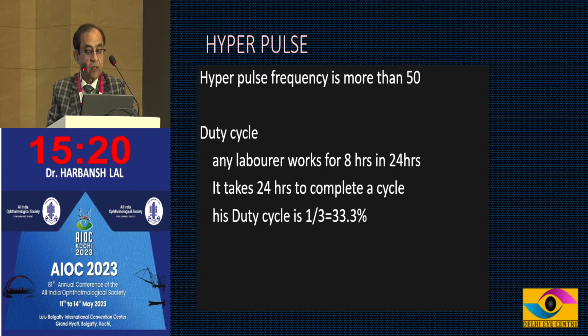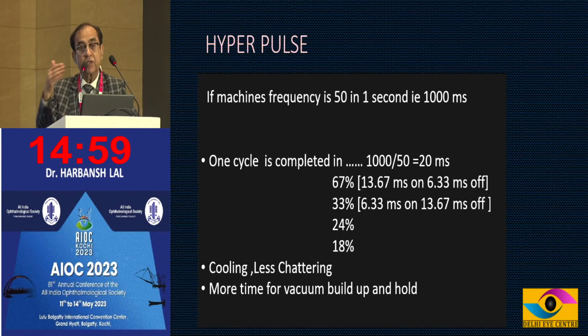And then there is another concept of what you call a duty cycle. Like a person who is working 8 hours a day, in 24 hours, his duty cycle is one third. That means one third of the time he is working. Same way, when you give a hyperpulse, initially all the pulse modes were 50 on, 50 off. In newer machines, it is possible to divide the pulses 67% on, 33% on, 18% on, 24% on.